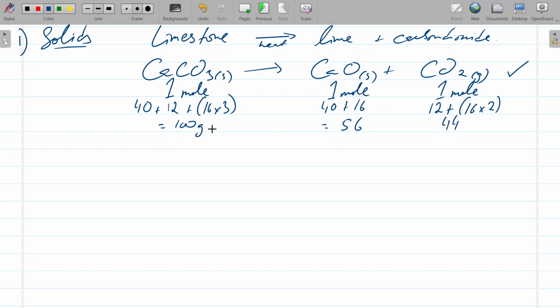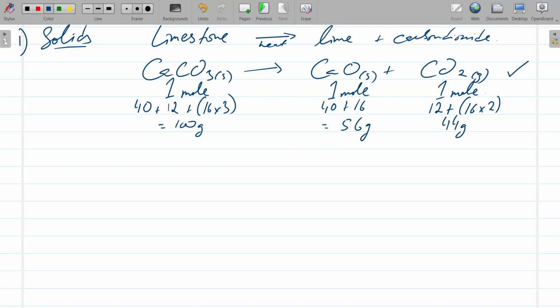These are the molar masses because they're all 1 mole each. So this is the ratio. 100 grams of calcium carbonate would decompose to give 56 grams of calcium oxide, and 44 grams of carbon dioxide gas would also be produced.